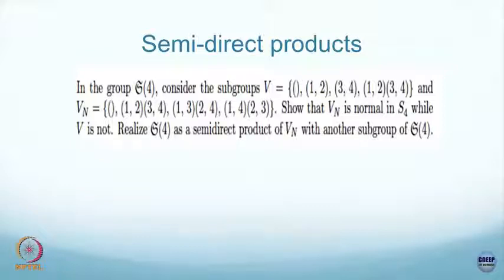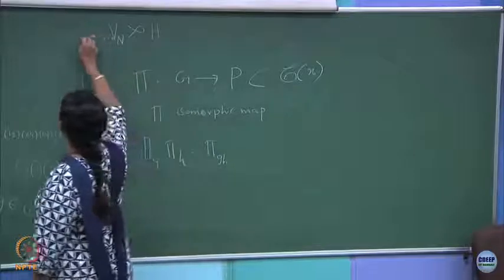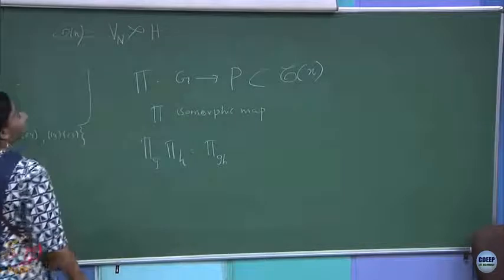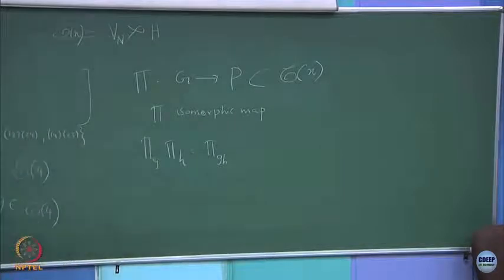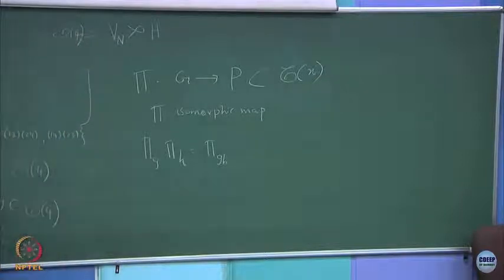So, the invariant subgroup was Vn and you need to find a semi-direct product with some subgroup, let me call it H, and that I want to write as a symmetric group of degree n, or degree 4 in this particular example, right.